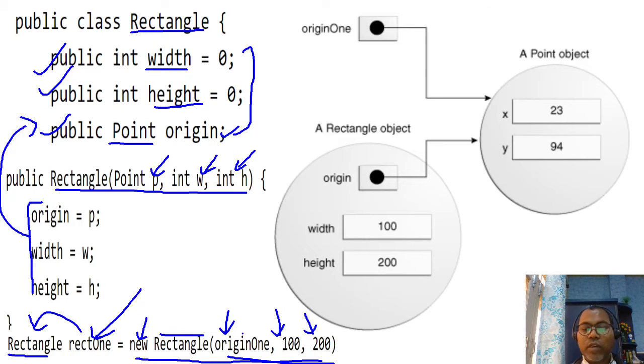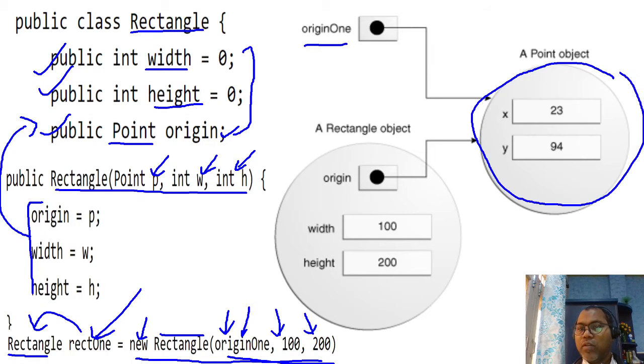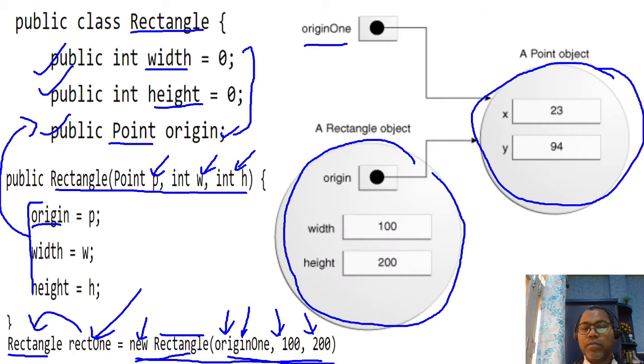First you have to create one Point object this way. So first we create one Point object, created in your heap memory, and whenever we pass p, p points to the origin. So whenever the new constructor is invoked for Rectangle, the Rectangle defines these three fields: your origin is a Point object, and width and height are primitive types.